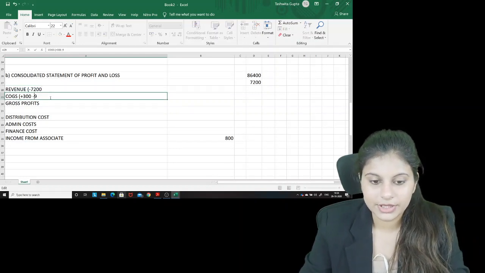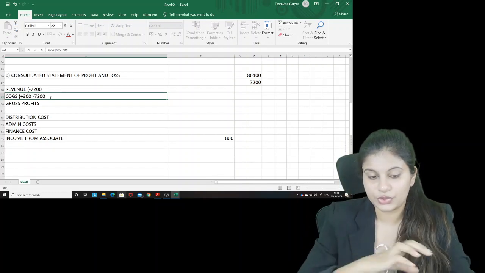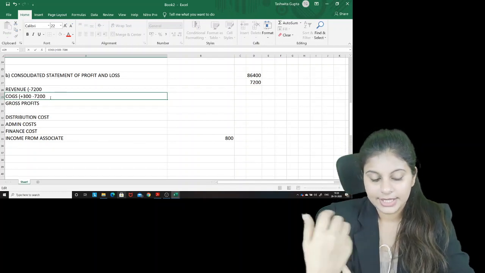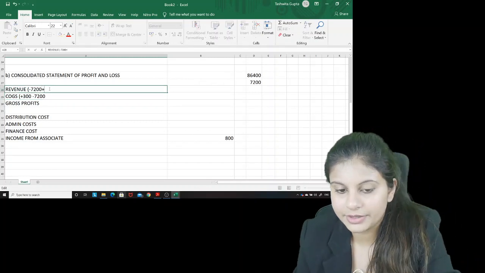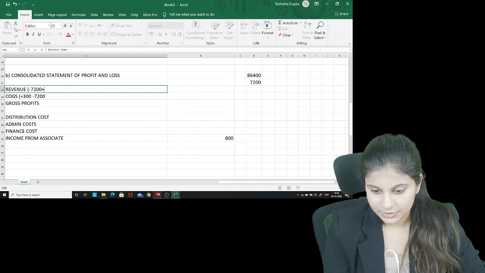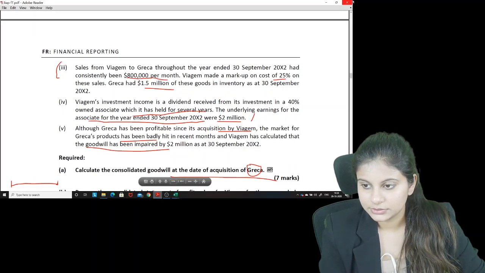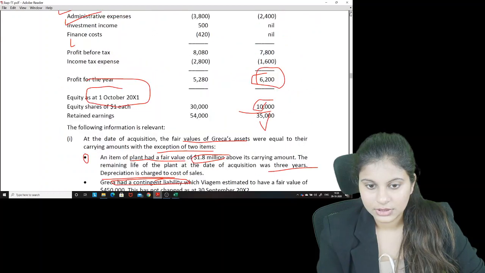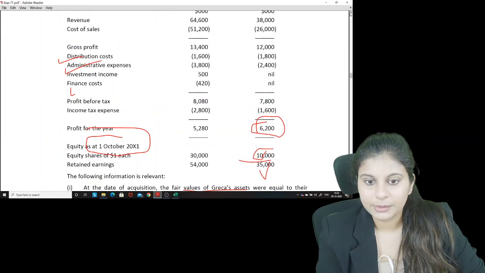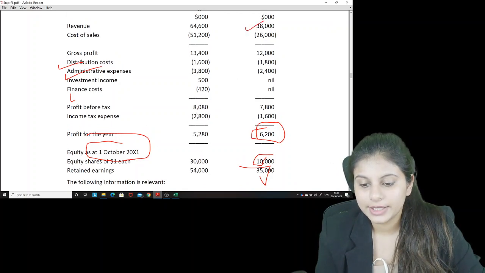Okay, so 7200, the intragroup revenue after acquisition, that is 7200. Then what is the parent's revenue? Parent's revenue from the question. Okay, so the parent's revenue is 64,600 and subsidiary's is 38,000.